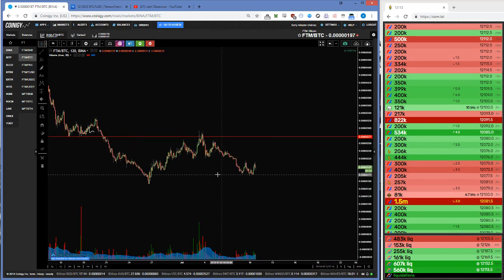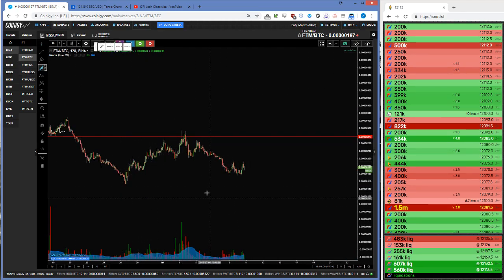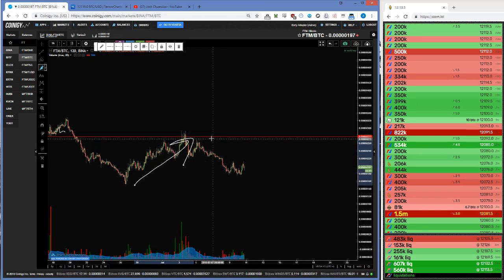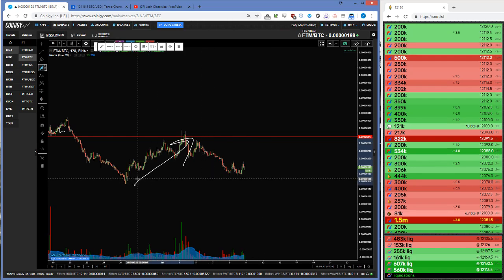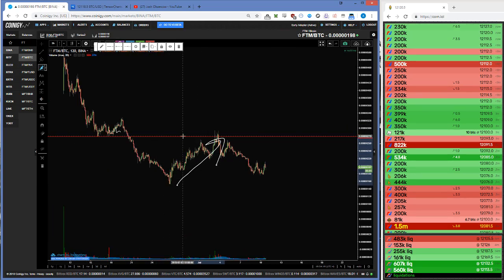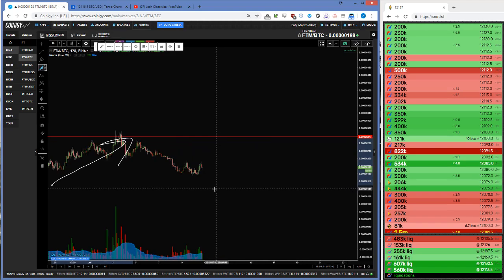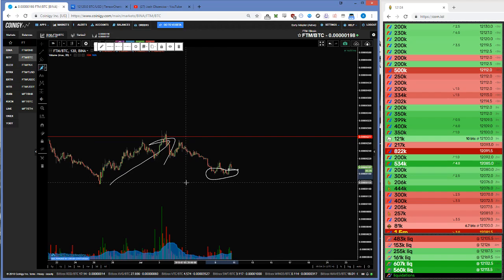Phantom got listed on Bittrex, so that means it's available for US customers when Binance kicks them out. In my opinion, that makes it bullish, and it's kind of like a new coin. So I was saying maybe you want to buy it here. This might be a buy, but I don't really want to touch alts right now.